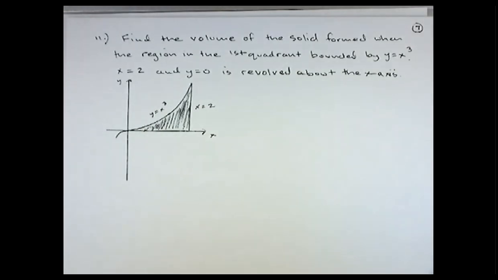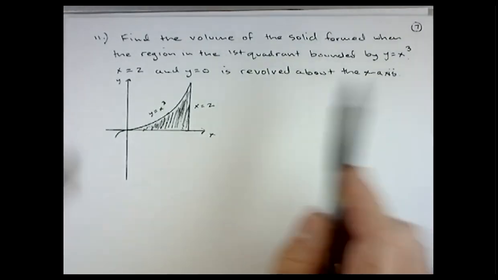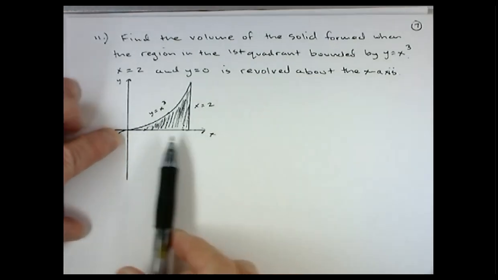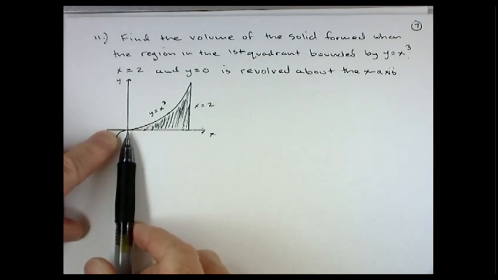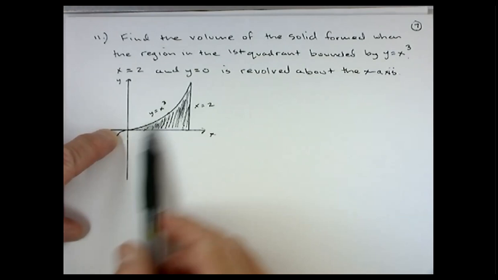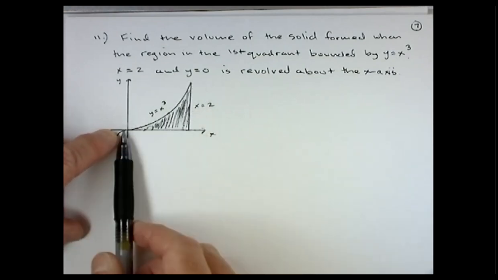And this is where we're headed after area, is finding the volume of a solid. So the solid we're going to talk about here, if you think about the area in the first quadrant bounded by y equals x cubed, x equals 2, and y equals 0.